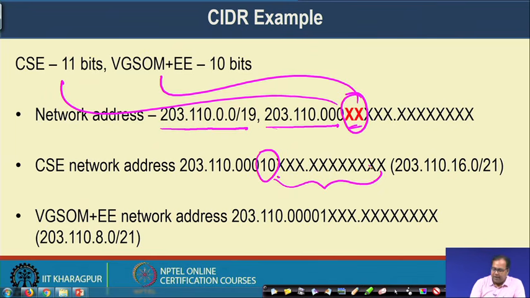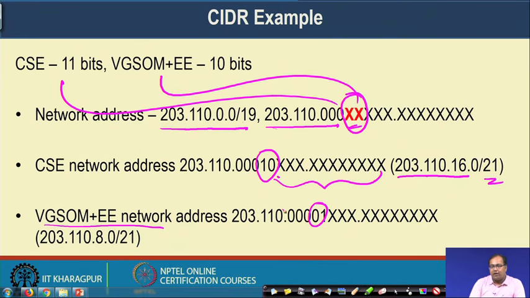So, my IP address for the CSE network becomes 203.110.16.0/, now I have taken 2 bits in the network address space. So, this becomes 19 plus 2, that is 21. And for the VGSOM plus E network address, these 2 bits I am making 0 1.